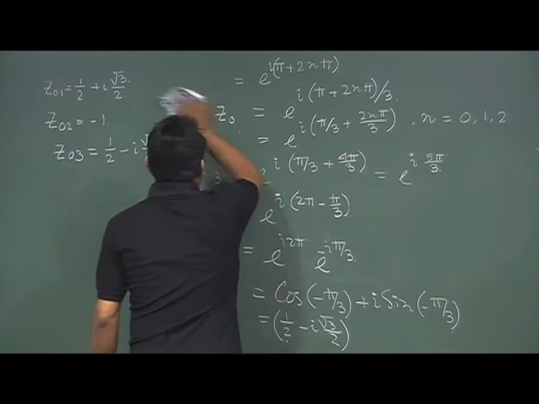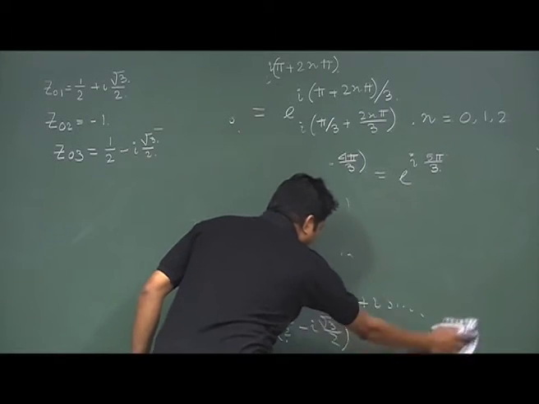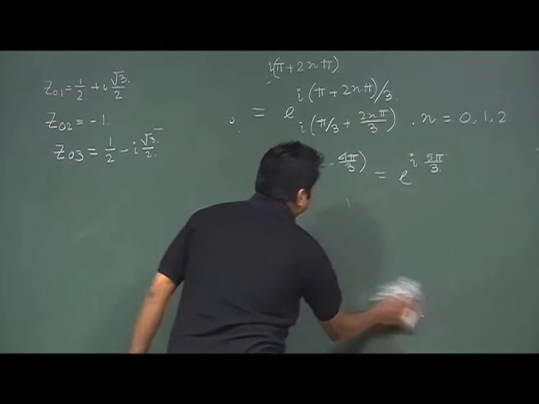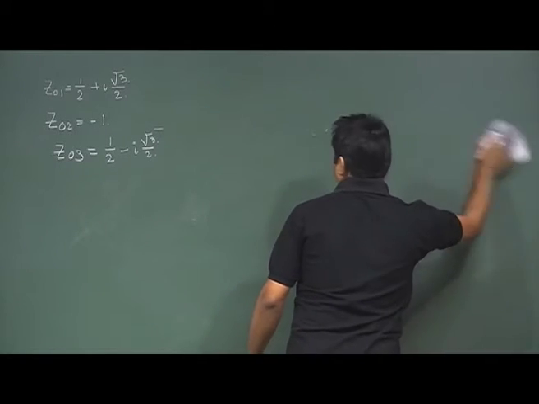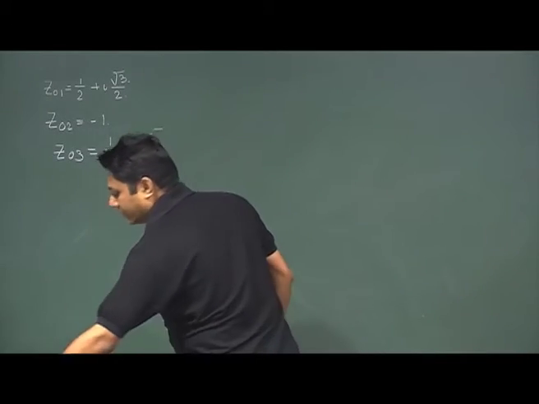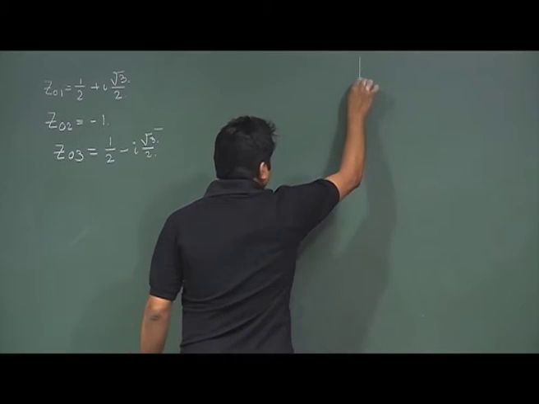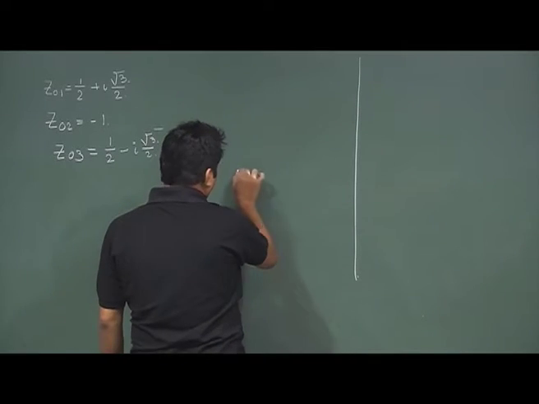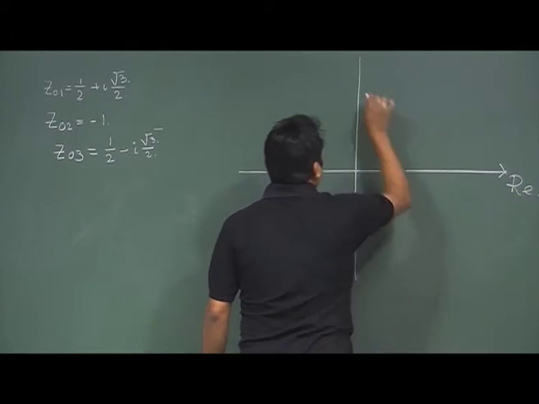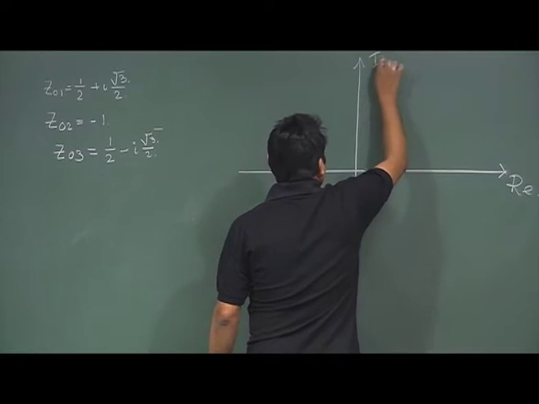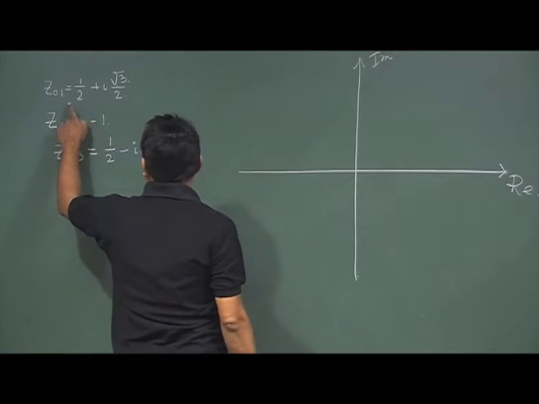So now I know how to calculate these things, and if I plot that, if I put this value somewhere in the complex plane, this is real and this is imaginary, and now start putting the point.